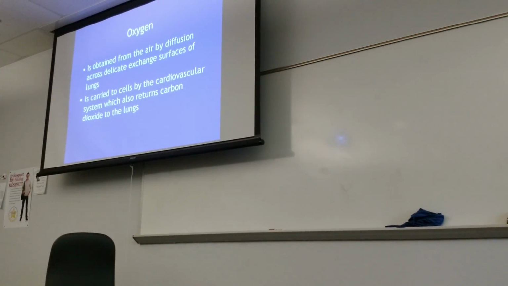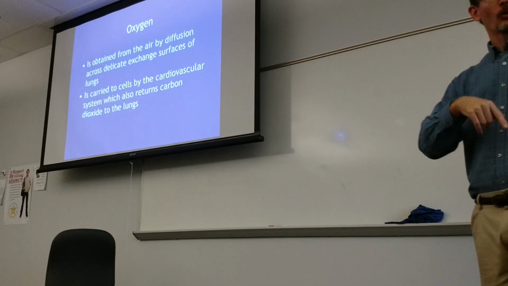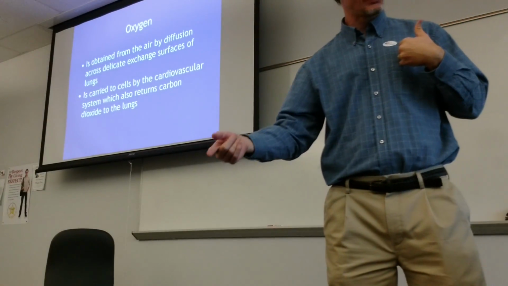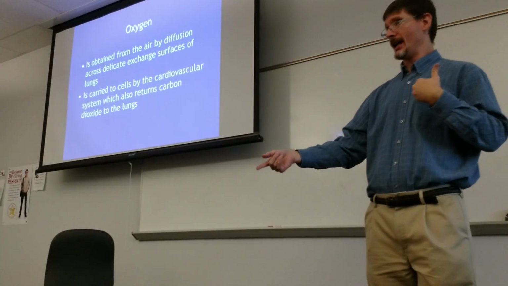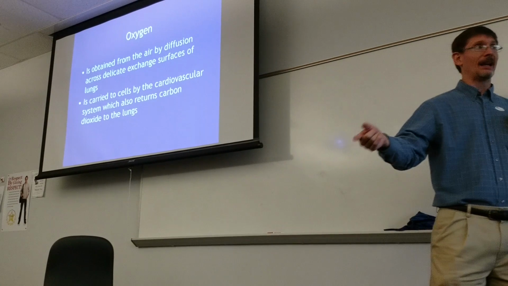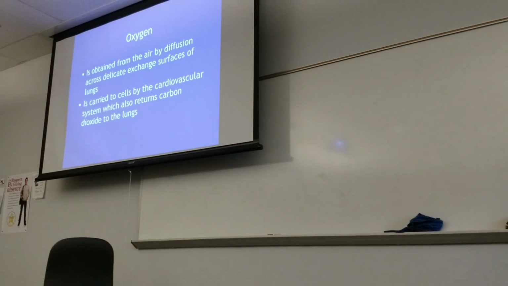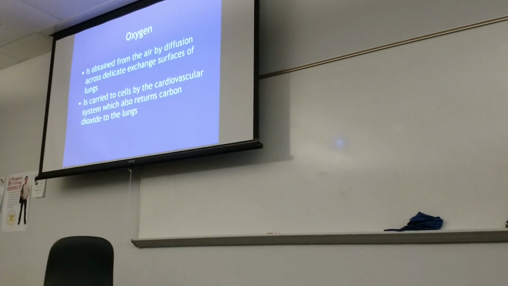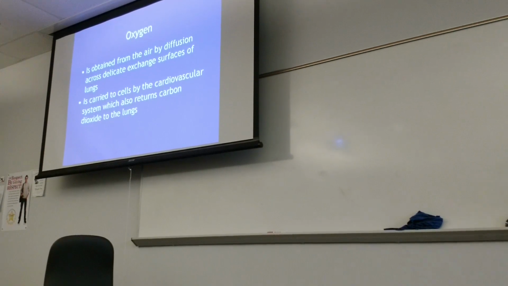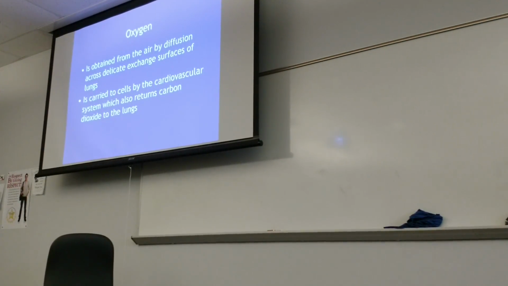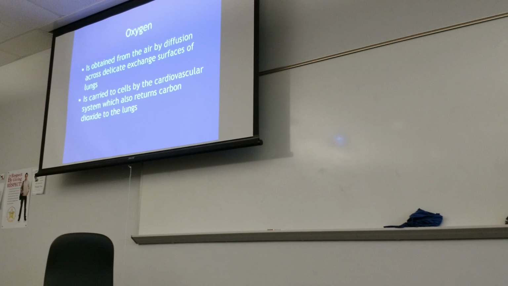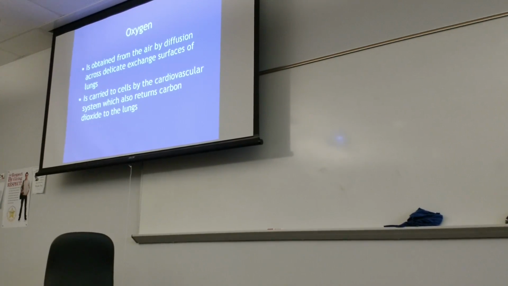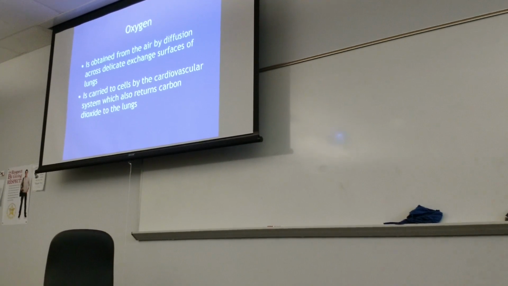It has to then diffuse out of the blood across the cell membranes into the tissue to where it can be used. And the carbon dioxide has to make that opposite trip. Again, the idea is that we're relying on diffusion. We will see cases where we're really maximizing the likelihood of diffusion occurring by the way we set up structures and the way we alternate flows.